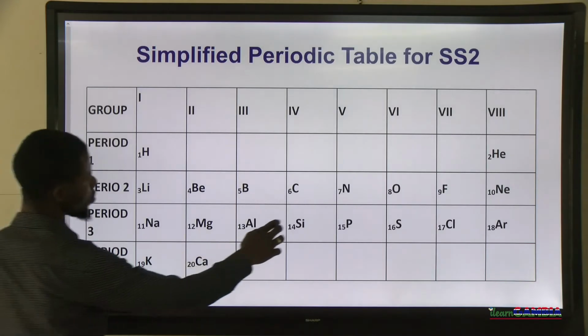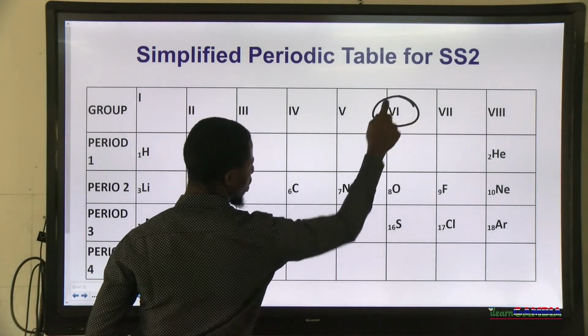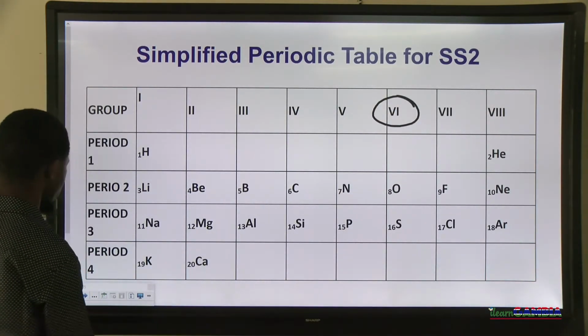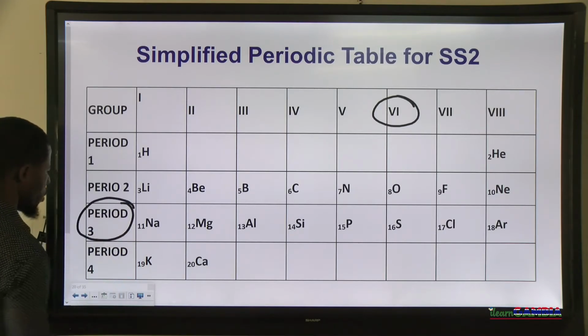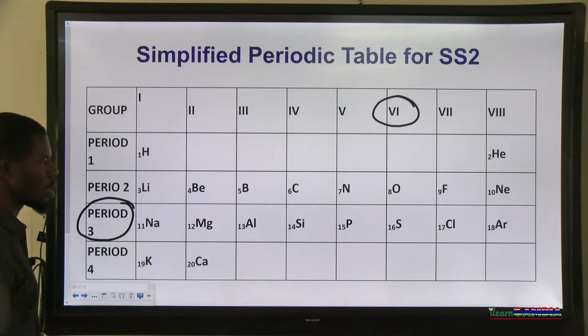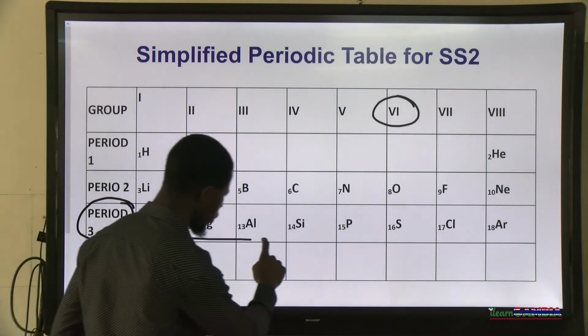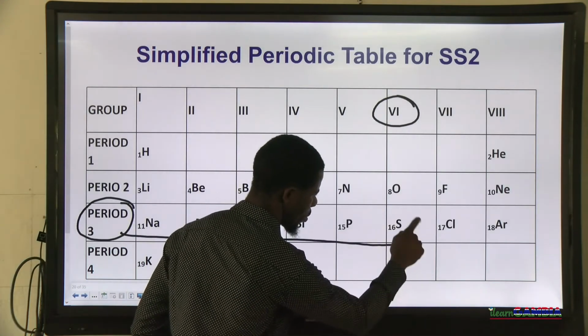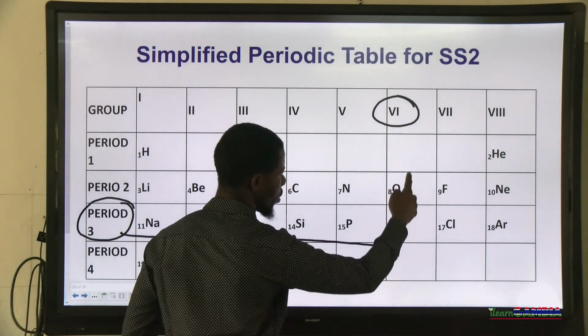This is group 6 here, and period 3 is right here. So where these two intersect, that is going to be the atomic number of the element. So that will lead us to right here.